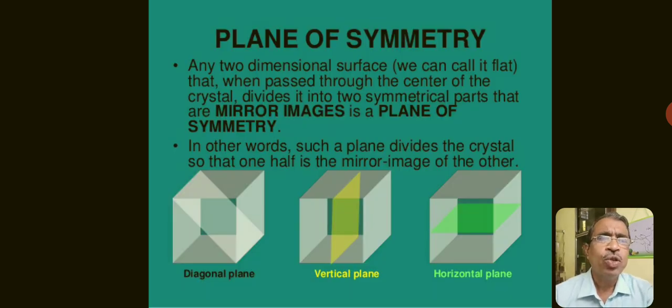This I have shown in the diagram here. In this diagram, it's a cube. The cube has 6 faces, 8 corners and 12 edges. In case of the rectangular planes of symmetry, the horizontal plane and vertical planes are given. In case of the diagonal, the planes pass through opposite edges.